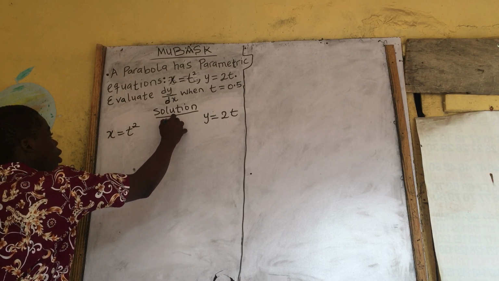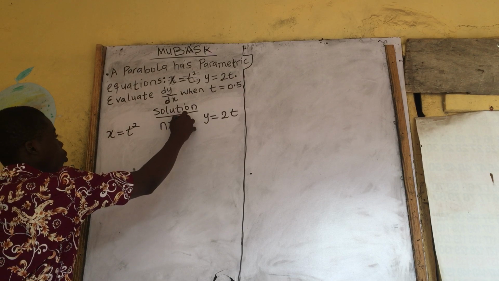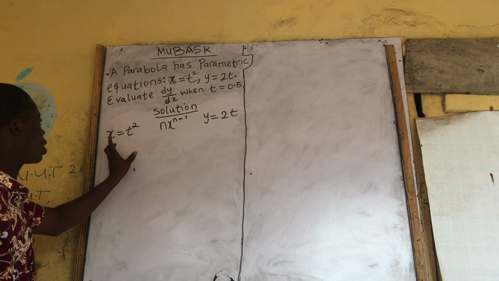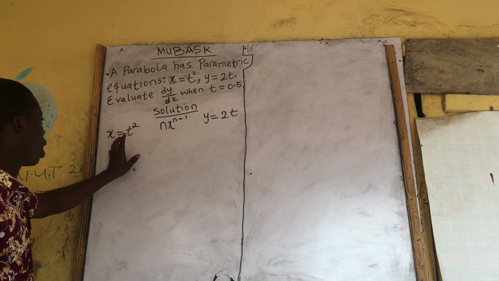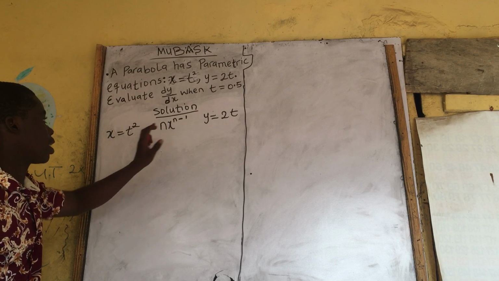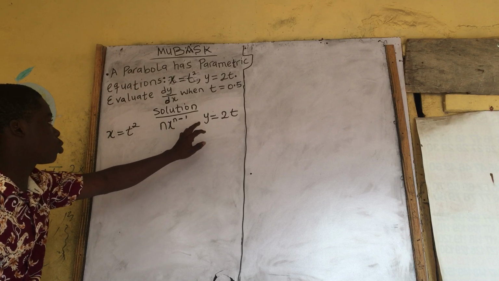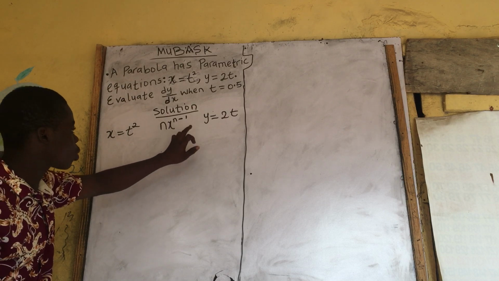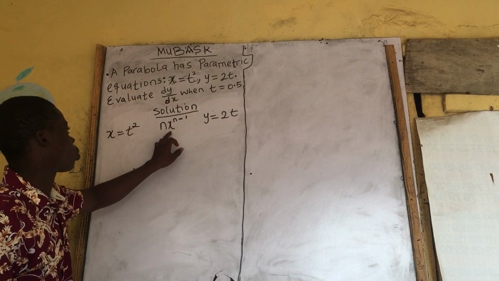The general formula is n x raised to power n minus 1. But here we don't have x, only t, so let us substitute t instead of x.